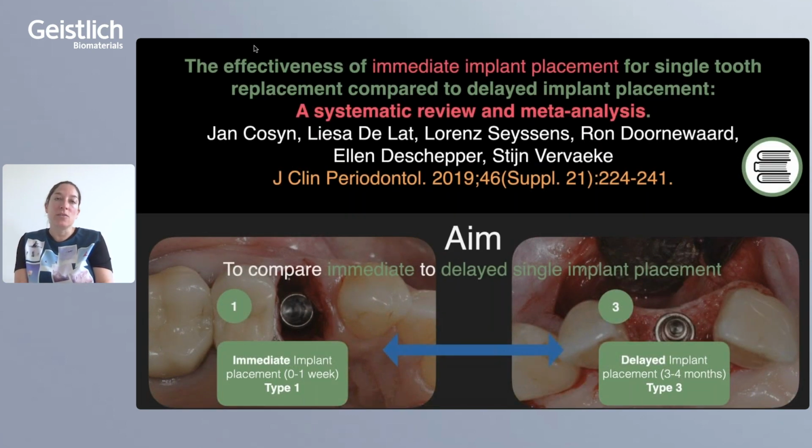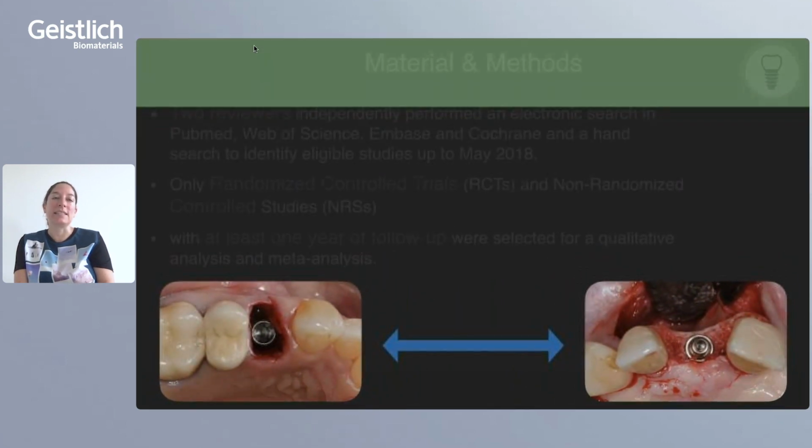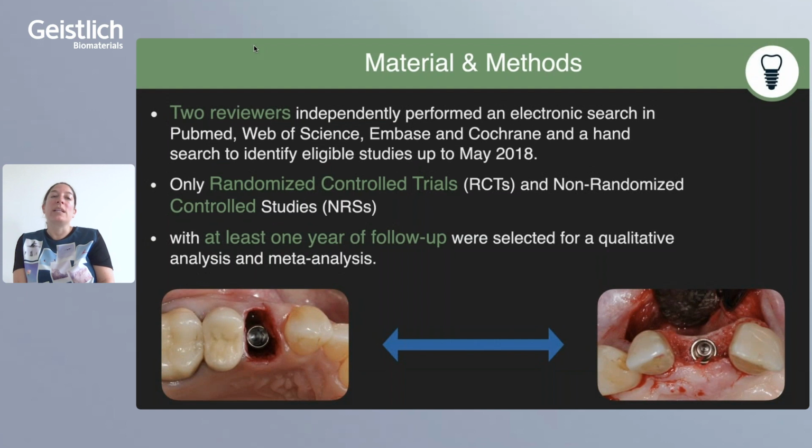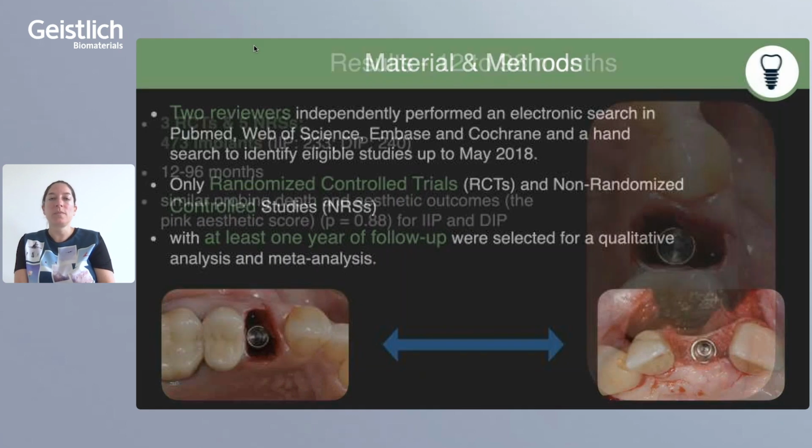Jan Kosin and his group have looked at this and they have performed a systematic review and a meta-analysis comparing these two types of timing of implant placement in single sites. So they have included RCTs and non-randomized but controlled studies with at least 1 year follow-up.